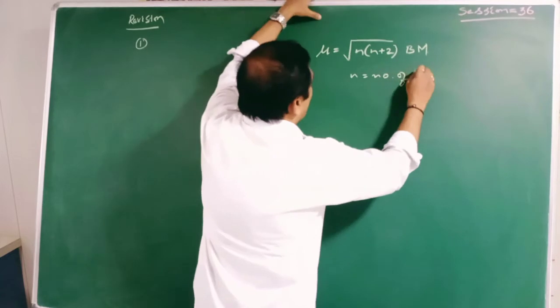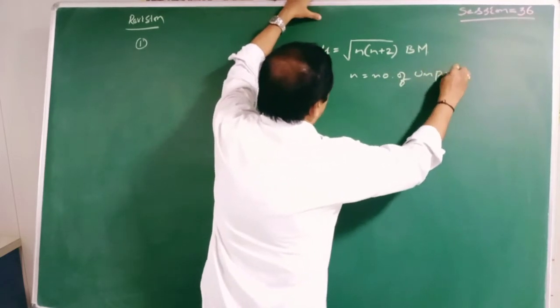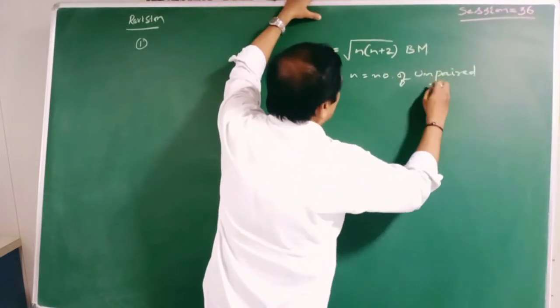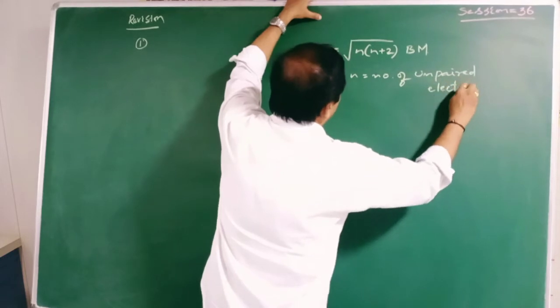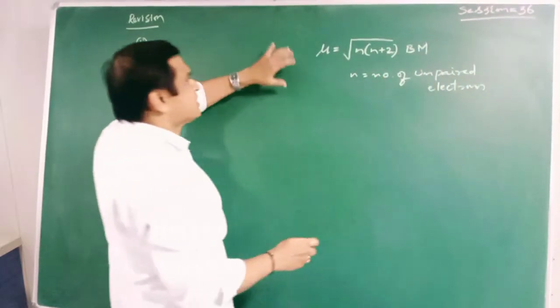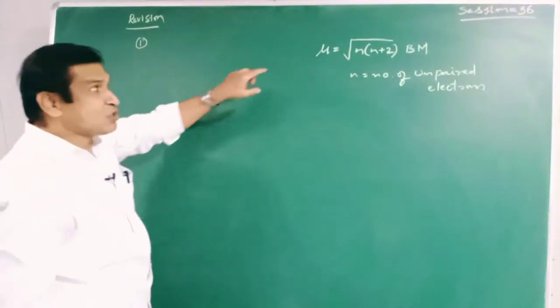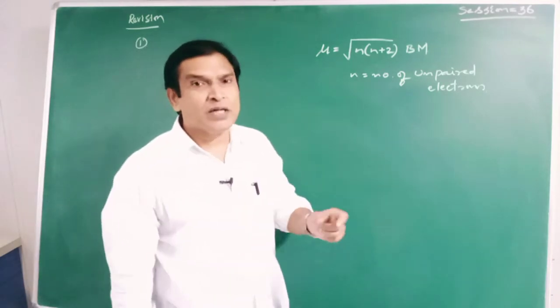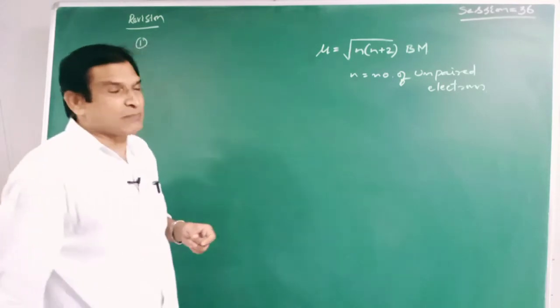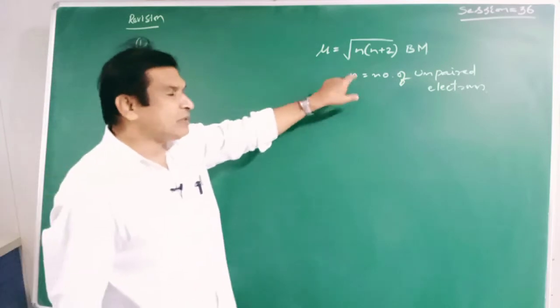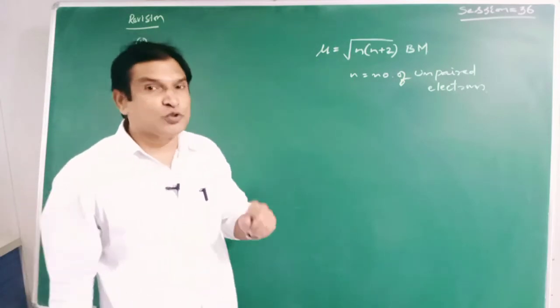This formula is used to calculate the magnetic moment of paramagnetic substances, where n stands for the number of unpaired electrons, which we should remember.